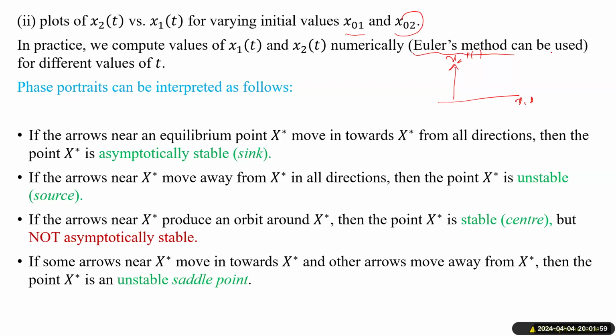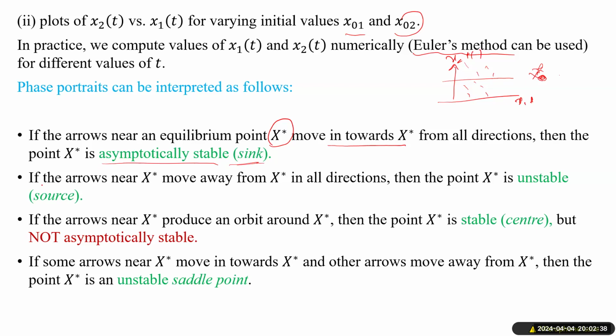Same as before. If the arrows move towards x star, the equilibrium point, from all directions, because here it is two-dimensional, either up or down, whatever the direction, so all arrows are moving towards your equilibrium point, then it is called asymptotically stable, and we call it a sink.